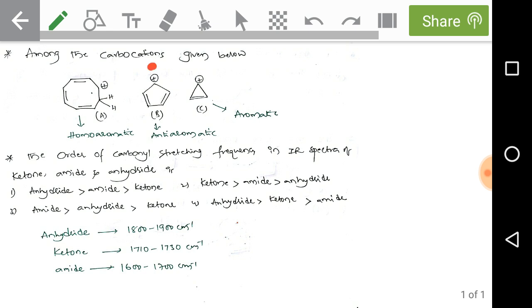And if you look at the second one, which has delocalization of the positive charge with 2 pi bonds in it, that means 4 pi electrons are involved in the delocalization with the positive charge. That's why it is considered a 4n system, and 4n systems are anti-aromatic in nature.